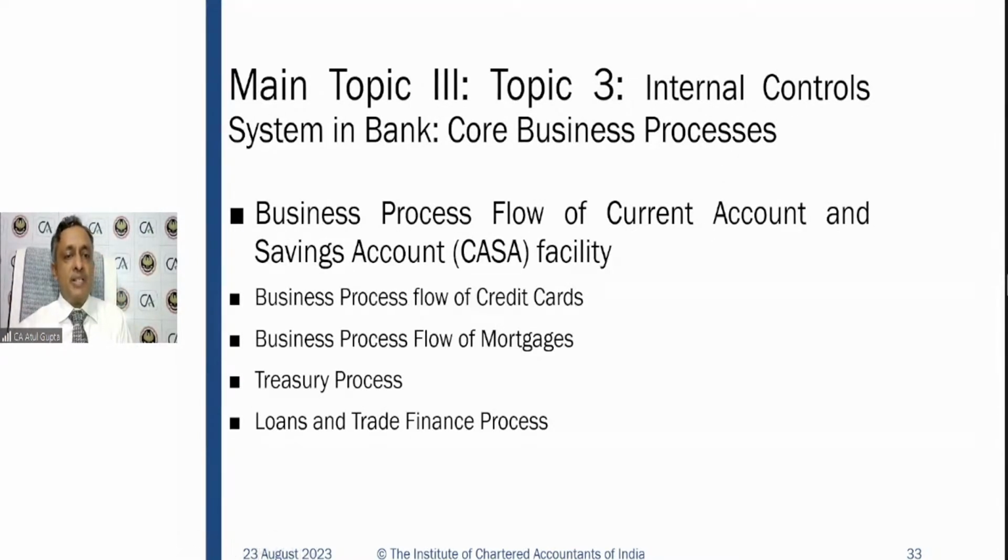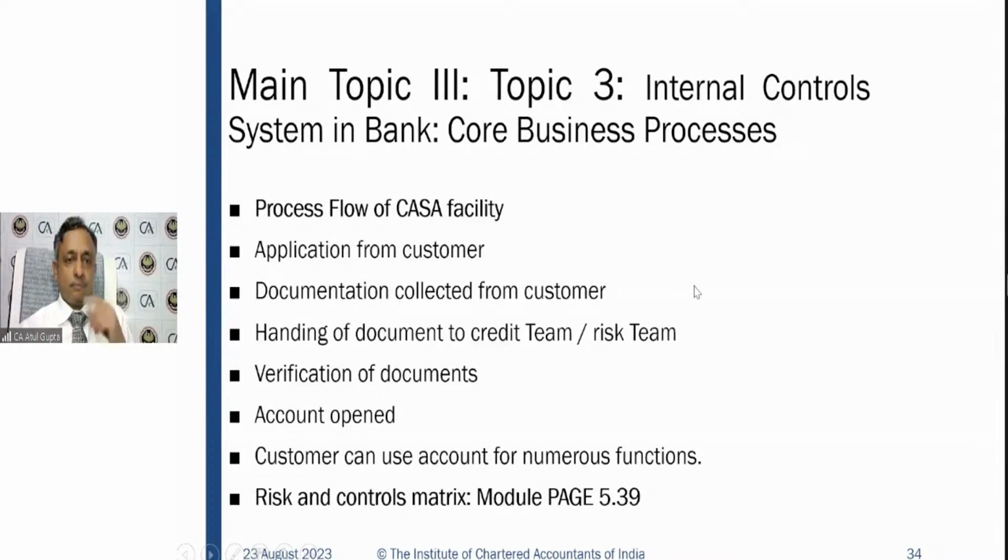First, we are going to take the business process flow for current and saving accounts. So how does it go? The bank gets an application from the customer, then documents are collected. Just imagine, I think all of you have a saving account.